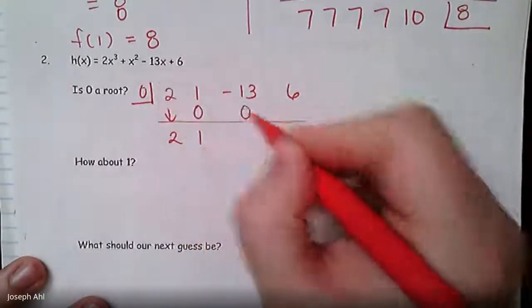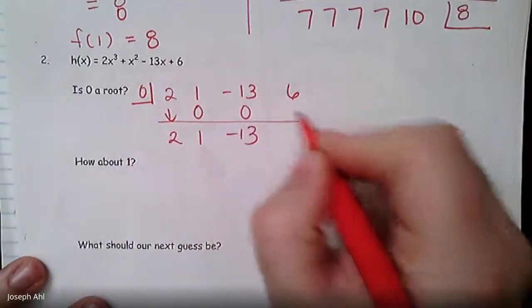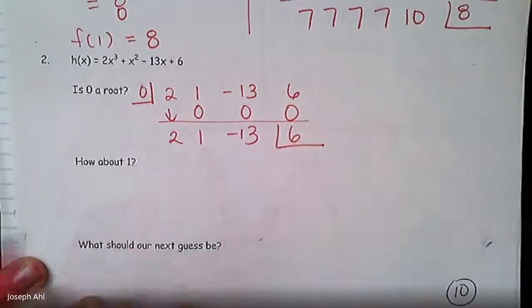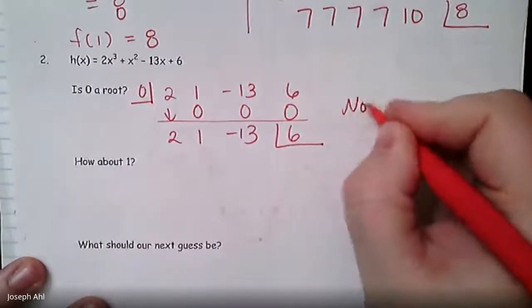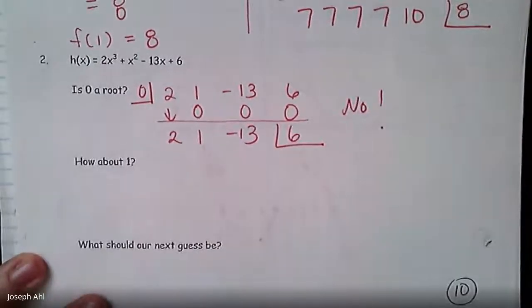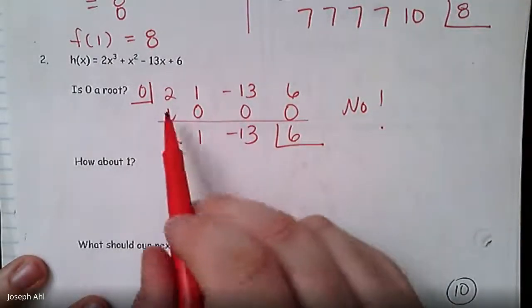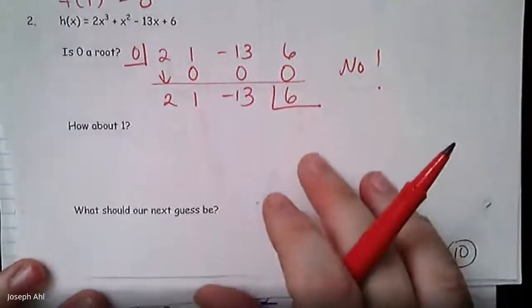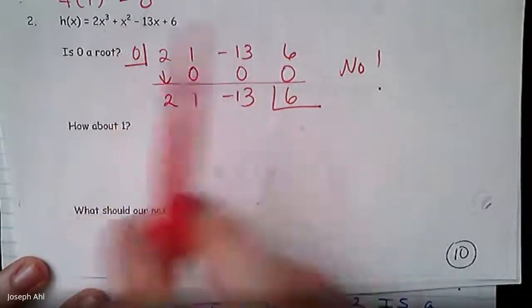Times 0 is 0, plus -13 is -13. Then we get a 0 again, right? And then plus 6 is 6. So is 0 a root? No. Not a remainder of 0, remainder of 6. And we're probably not even that surprised that we actually got that same set of coefficients again. That will be something that we use later on too.